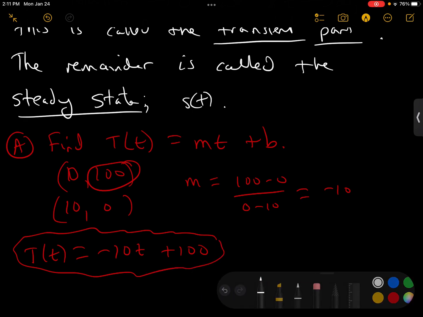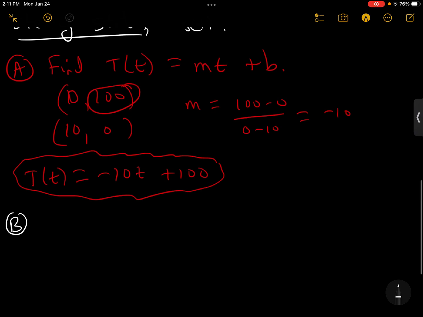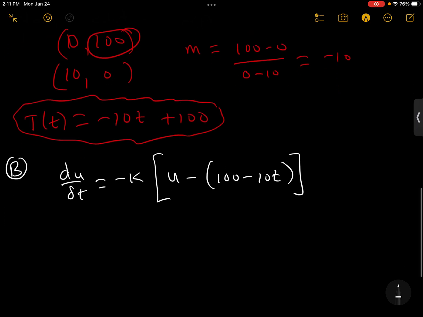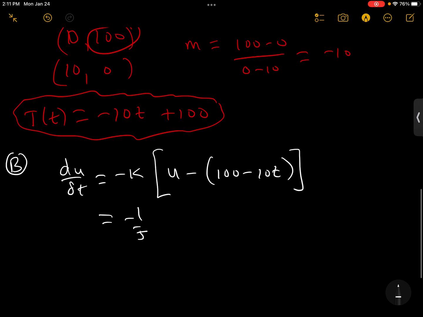Okay. So let's rewrite what it is we're trying to solve here. We have du/dt is minus k times (u minus this T that we just found). And we know what k is, so this is now minus 1/5 times (u minus (100 minus 10t)).